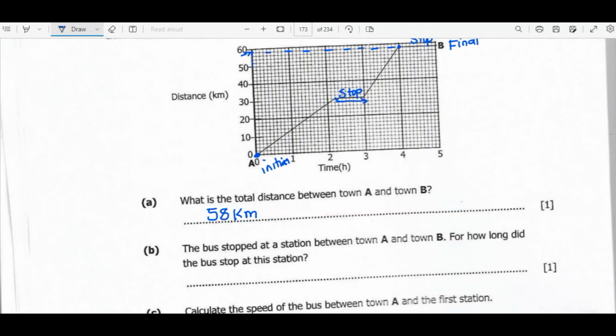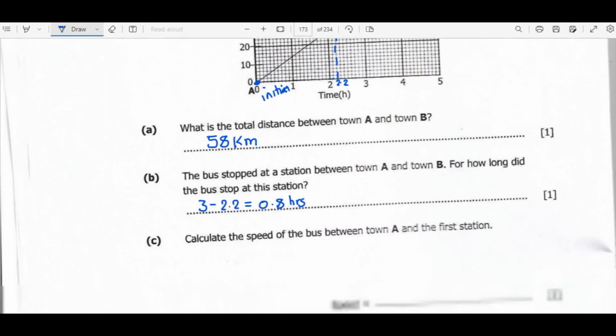We need to first look at the numbers. If you look, this is 2.1, this is 2.2. So we need to find the difference between 3 and 2.2, which is 3 minus 2.2. It's giving me 0.8 hours. So this is how long it took.